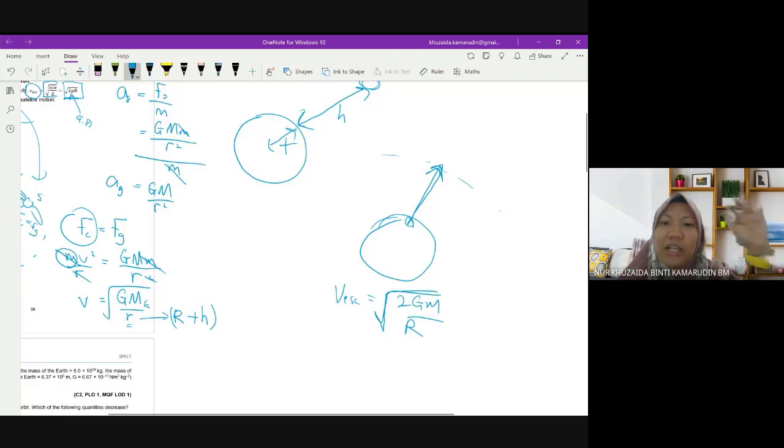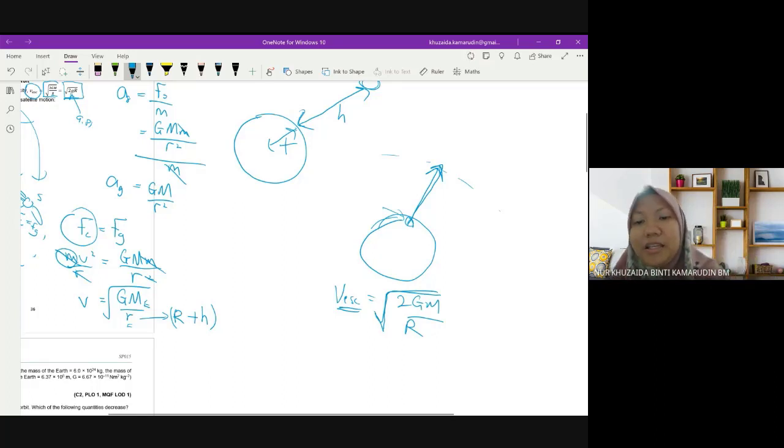Maksudnya dia boleh terawang-awangan dekat luar tu kan. So in order to make sure dia boleh melepasi, tak patah balik, kita kena ada minimum velocity supply pada roket tersebut. That's why kita tengok bila nak lancarkan roket, bila launch sahaja dia akan terus bergerak dengan laju yang tinggi lah.